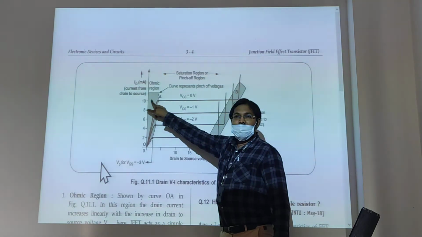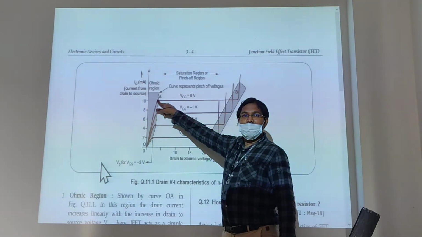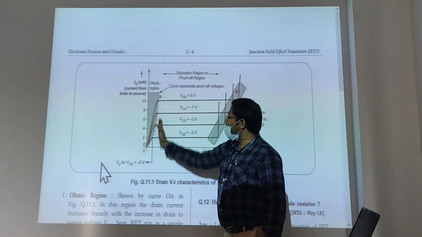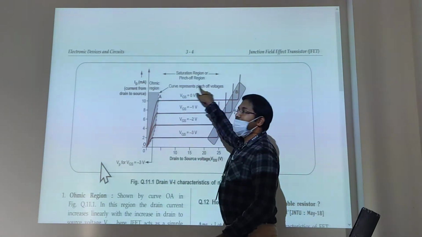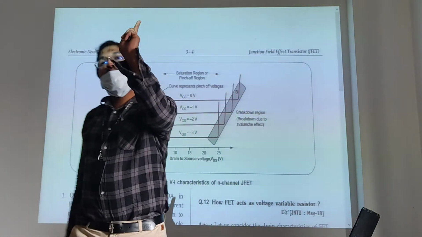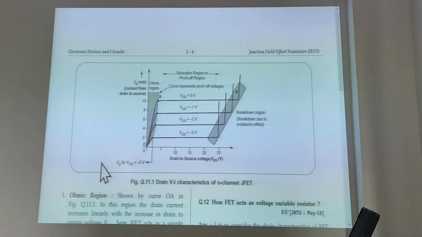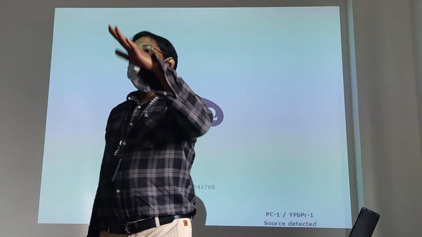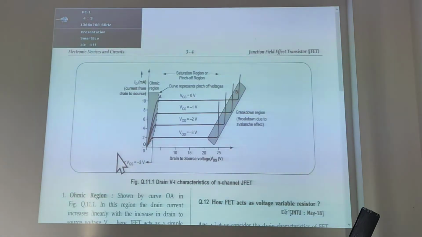Corresponding current. Right? Corresponding voltage is how much? Pinch off, VP. Remember there are two pinch off voltages, one in terms of VDS, another in terms of VGS. For VGS, pinch off voltage is negative. In terms of VDS, the pinch off voltage is positive.